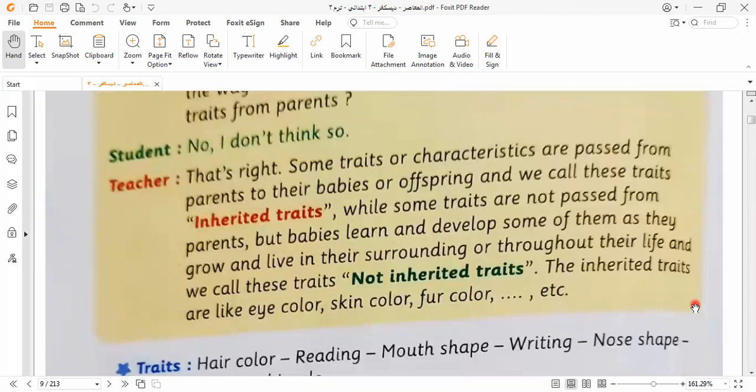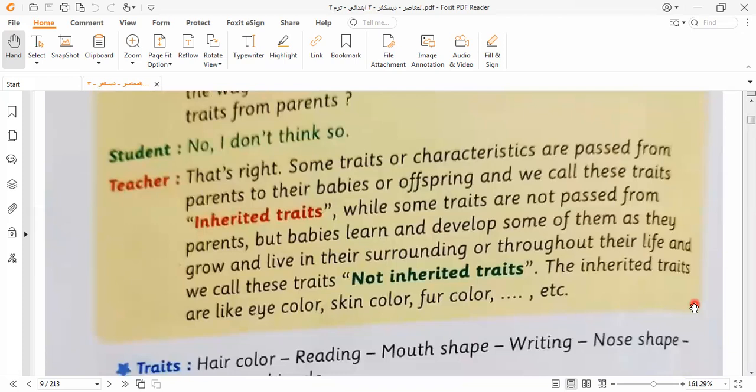We gain them from the environment and from learning, like learning how to swim, how to act, how to write, how to read, how to play music.